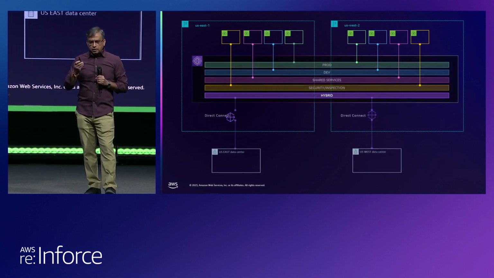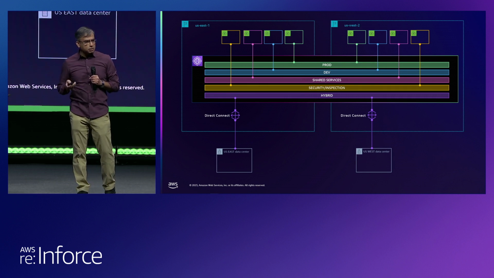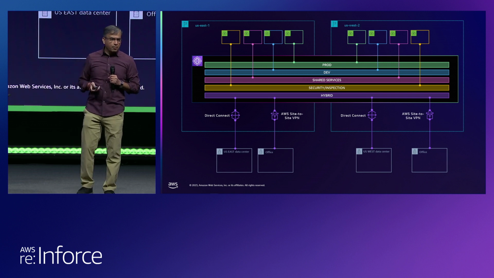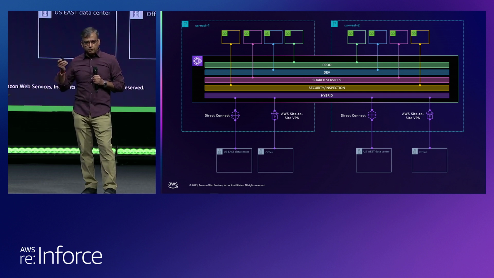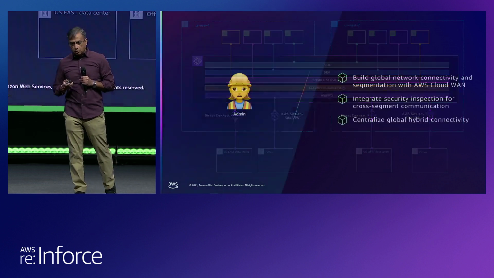We did that using Direct Connect. If you have branch offices connecting to your AWS, you can use site-to-site VPN and do the same thing. You can map it to the hybrid segment, and here we have achieved the goal of creating a hybrid network using AWS Cloud WAN, where your on-premises infrastructure can communicate with resources on your AWS cloud.